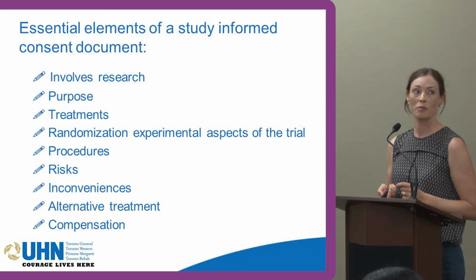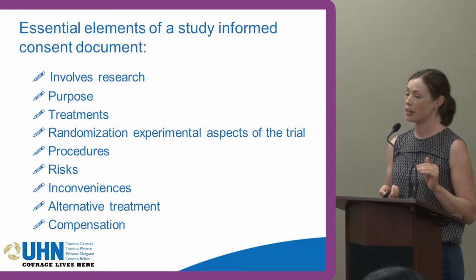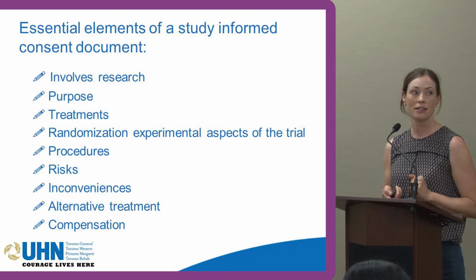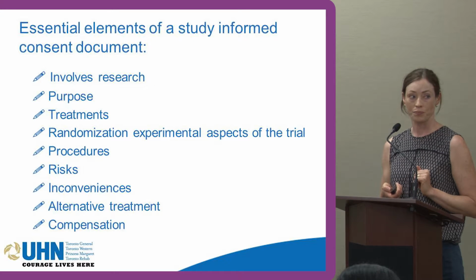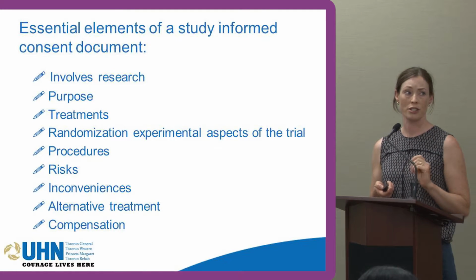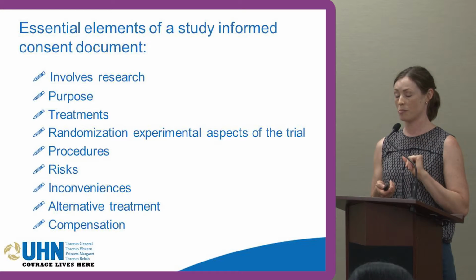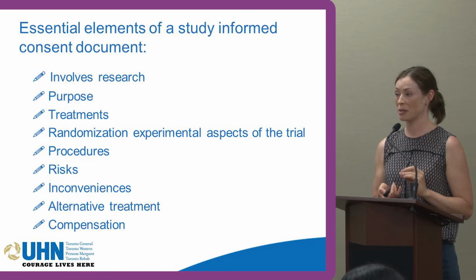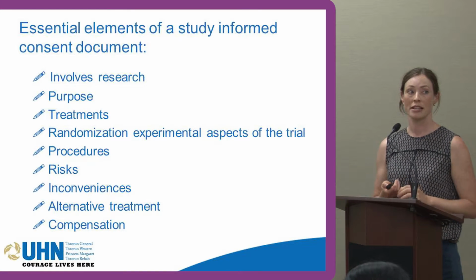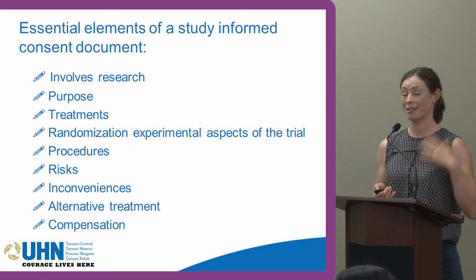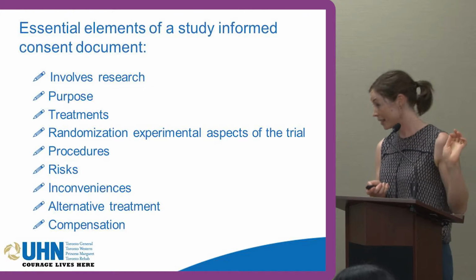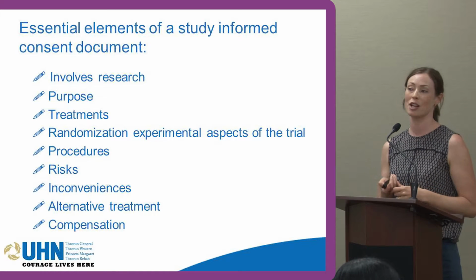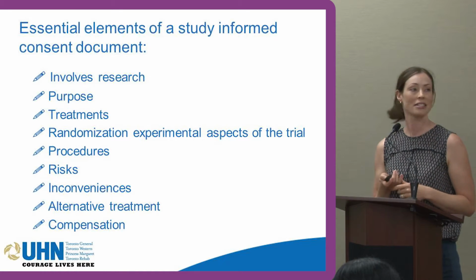So when we talk about essential elements of a study informed consent, there are very particular categories that need to go into the consent. And these are presumptions about what potential participants would want to know. So it has to involve a statement about the research and what its purpose is, the treatments, whether randomization will occur and what that randomization means, and we will talk about how to put a lot of these elements in plain language, but what the procedures are, how many times do they have to come into the hospital, how many blood tests do they have to take, and so on.